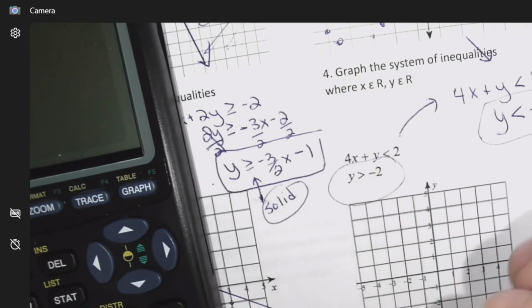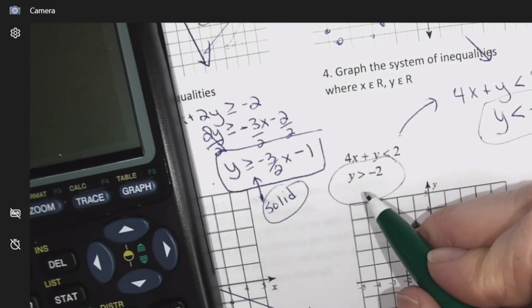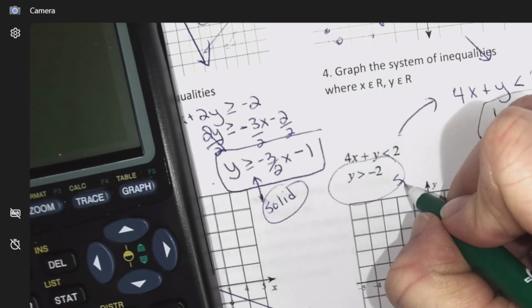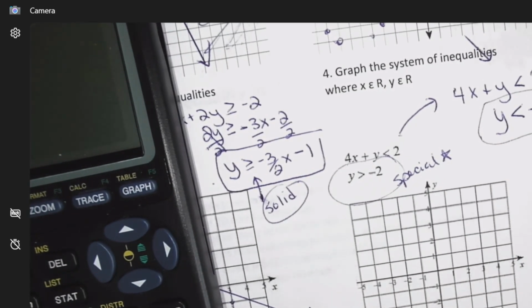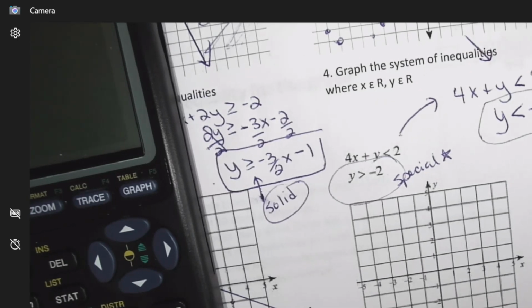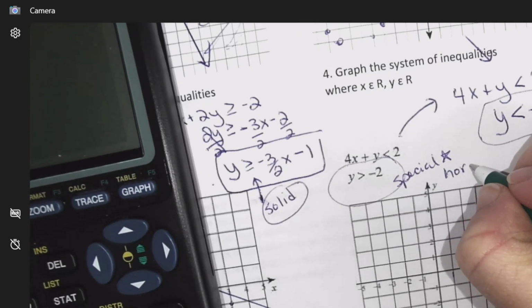Okay, do you recognize this one? This is special because it doesn't have both of the letters. Okay, it's a special one. So which kind of special is it? Vertical or horizontal? When you have the same height, same height, same height, you are a horizontal line.